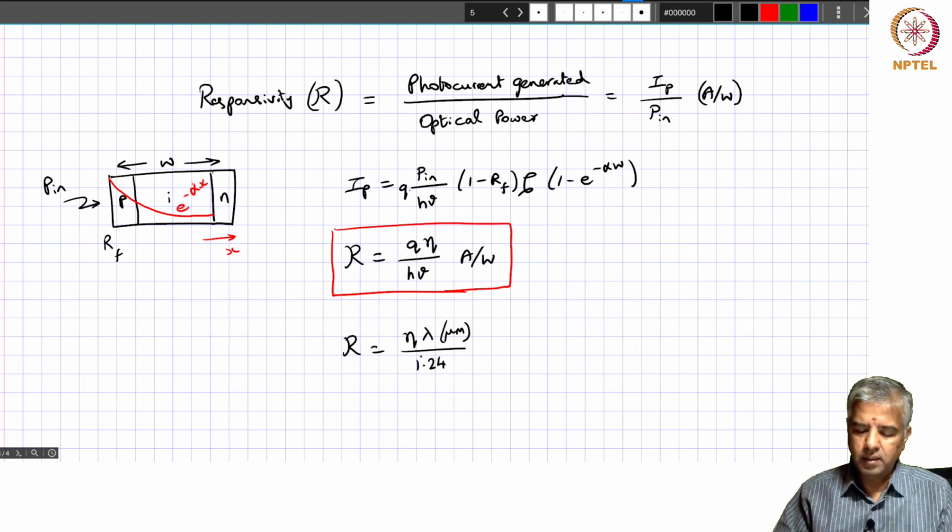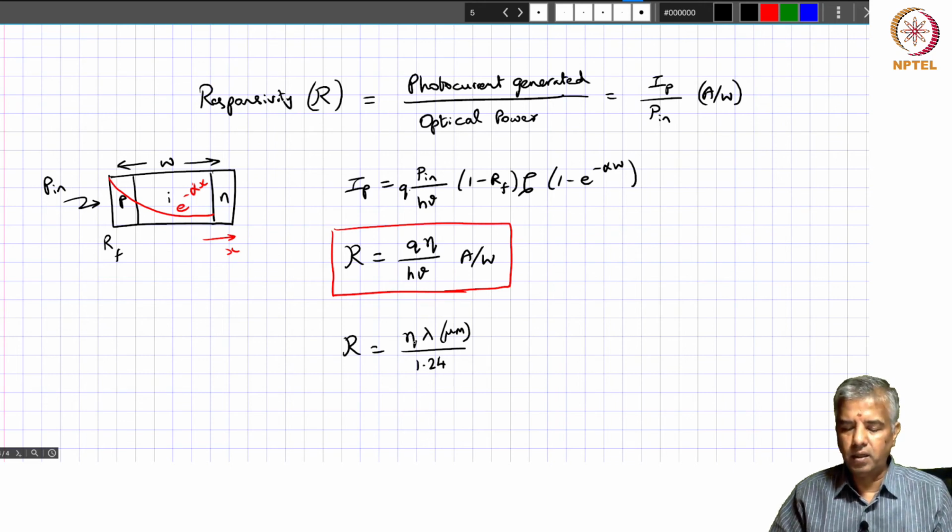It tells you that the responsivity is increasing as a function of lambda. So the longer the wavelength, the more the responsivity. How far can you stretch it?